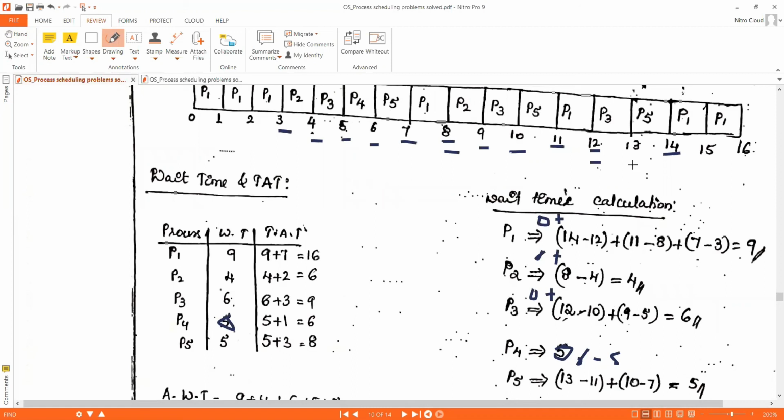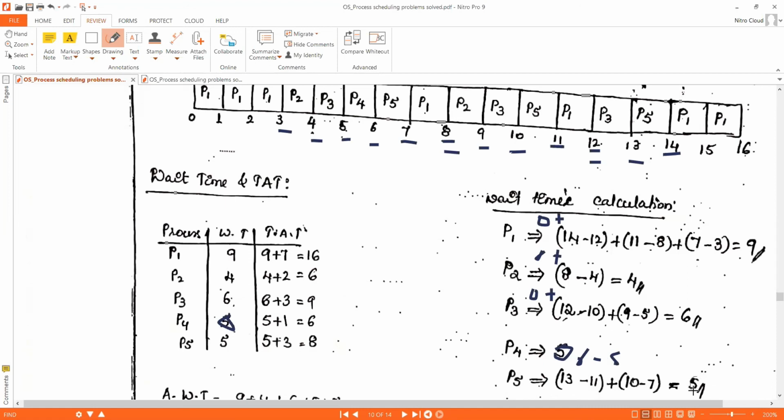Process 5's last allotted time is 13 milliseconds minus its previous preempted time, that is 11 milliseconds. 13 minus 11 plus its previous allotted time, that is 10, minus its previous preempted time, that is 7. 13 minus 11 gives 2 milliseconds. 10 minus 7 gives 3 milliseconds, plus 6 minus 5, that is 1 millisecond.